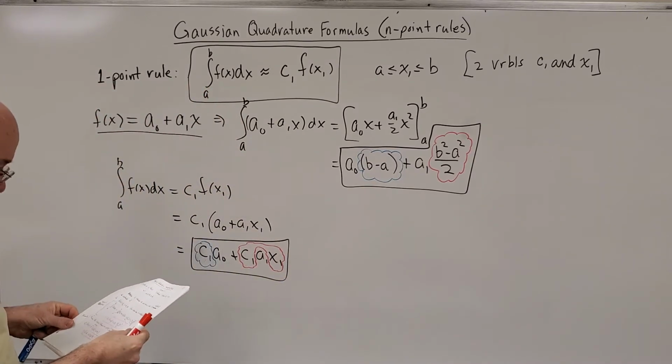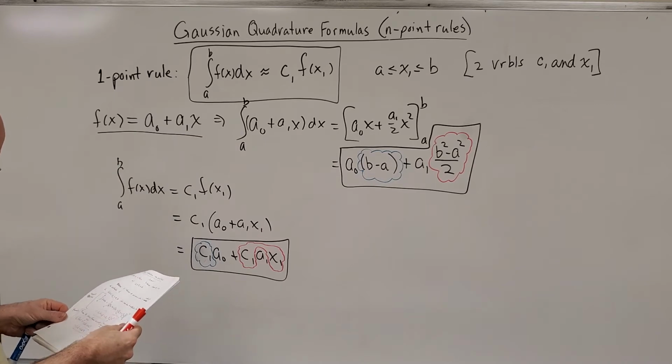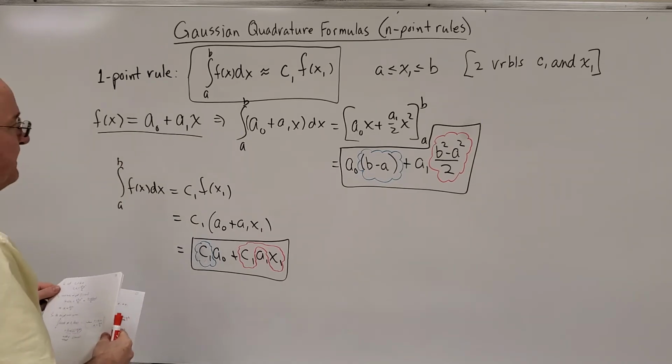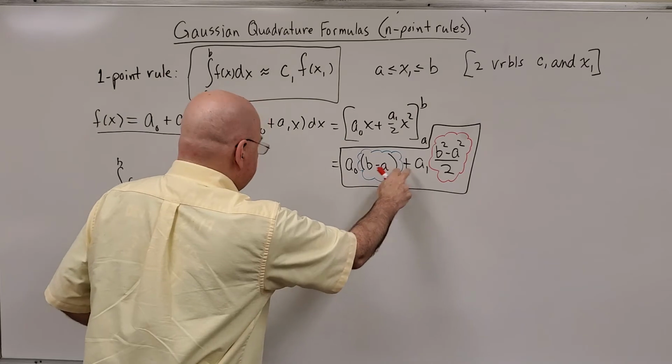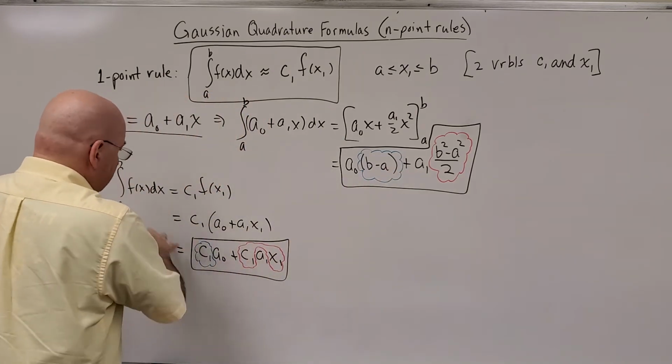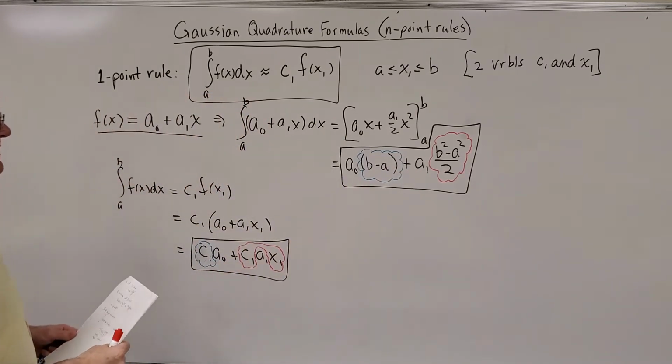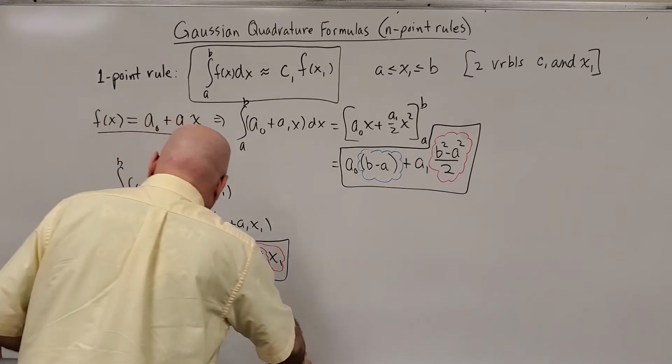So that's how we're going to figure out exactly what to do. We're forcing the coefficients of a0 and a1 in both of these equations to be equal to each other.